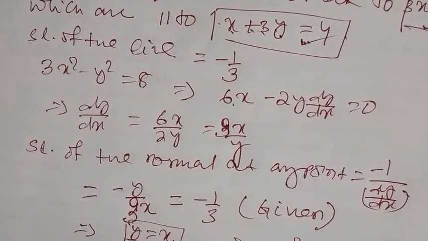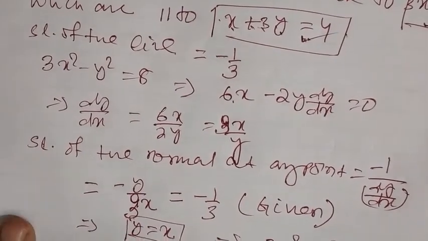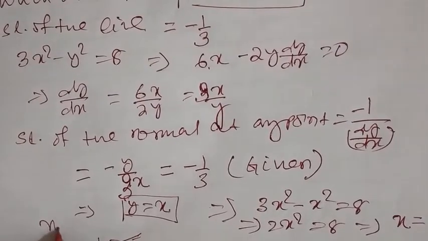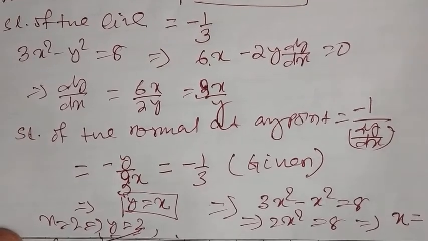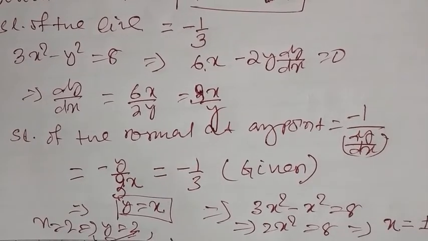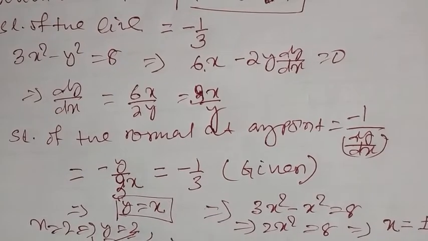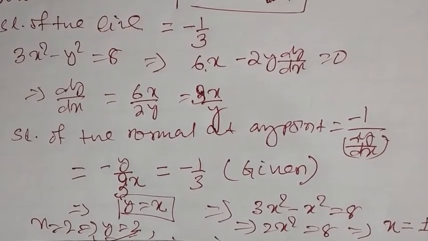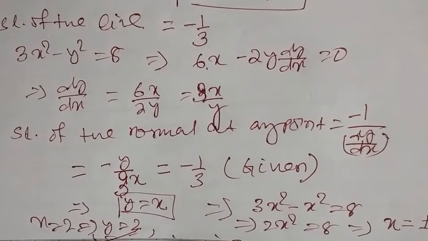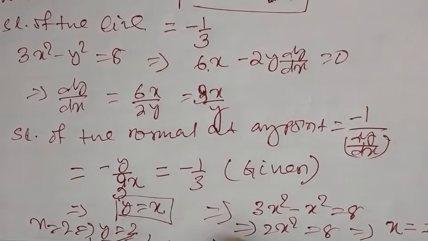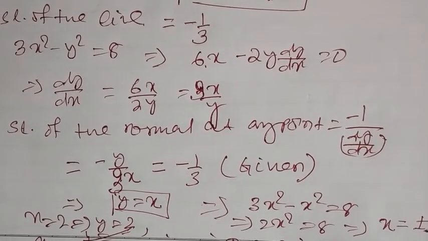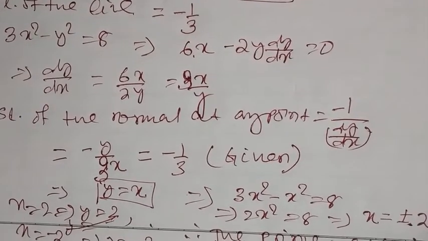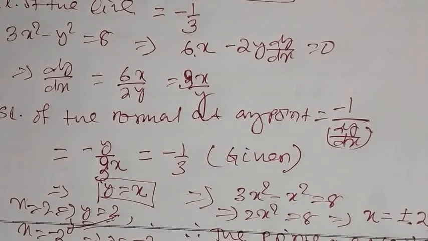So I got x equal to 2 implies y equal to 2, and x equal to minus 2 implies y is also minus 2. Therefore, the required points are A (2, 2) and B (minus 2, minus 2).